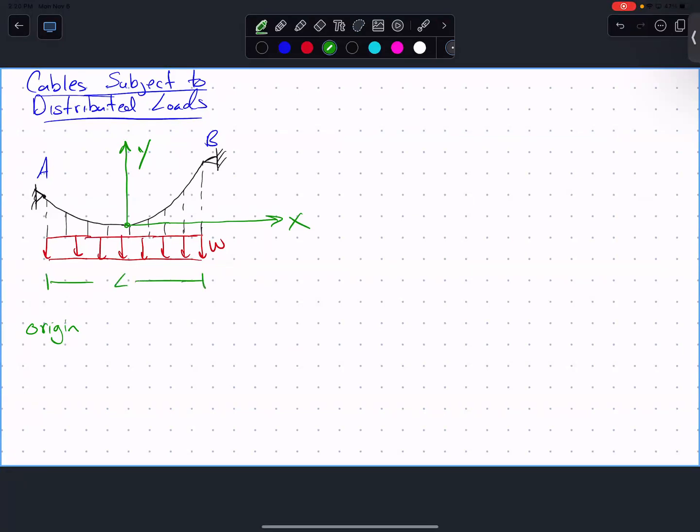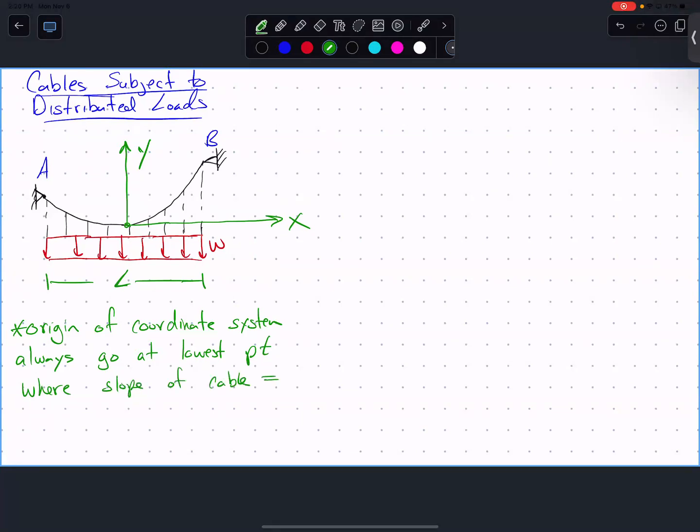L from A to B will be the total distance across there. And now let's note here that the origin of the coordinate system will always go at the lowest point where the slope of the cable is equal to 0.